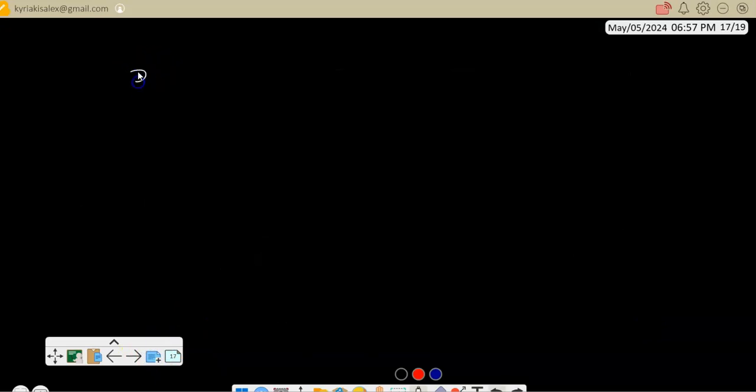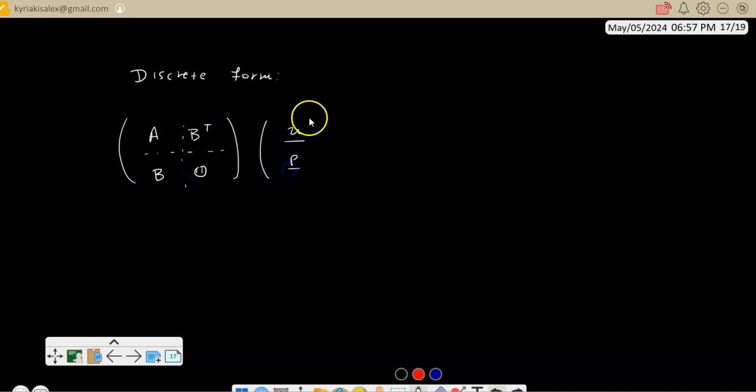So the discrete form would be A, B transpose, B, 0. It's a block matrix. And here you have the vectors of the velocity and the pressure, and here you have the right hand side. This is a block matrix.